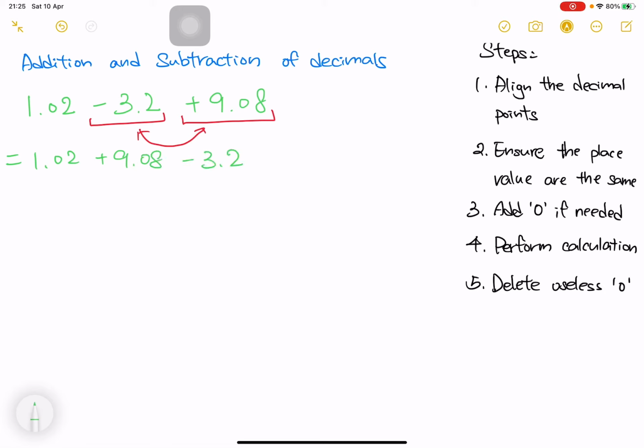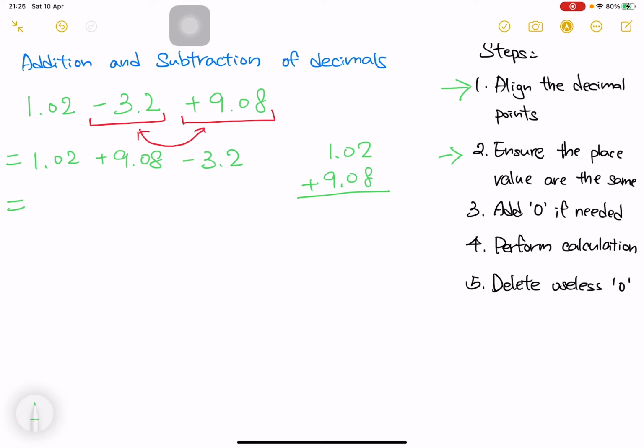Alright, so the next step is I want to do the addition of decimals. So what I can do is align the decimal point, 1.02 plus 9.08. At that moment, I have to double check it.